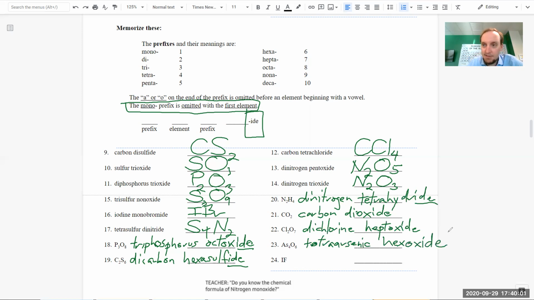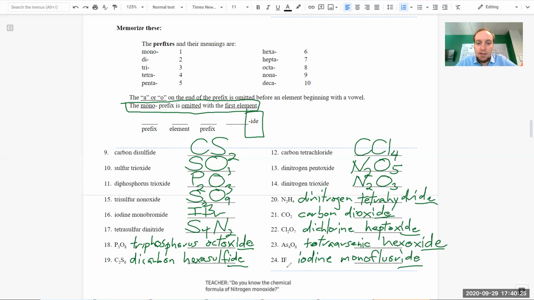Tetraarsenic hexoxide. IF, that is just going to be, again, we don't say monoiodine, we just say iodine. Mono, this one always gets a prefix no matter what, fluoride. Again, ide, right? Again, the first one does not need a prefix unless it needs one.